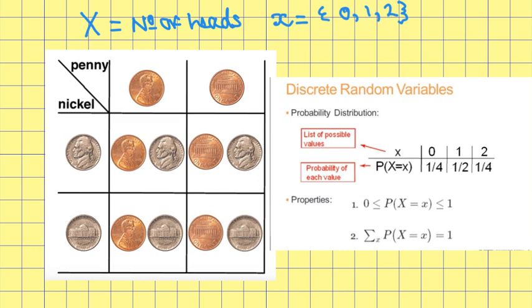They are the probability of each value, and in this case they would be a quarter for 0, a half for 1, and a quarter for 2. The probabilities of this distribution have two properties: the first is that the probability of X equaling x is between 0 and 1, and the second is that all the probabilities add up to 1.